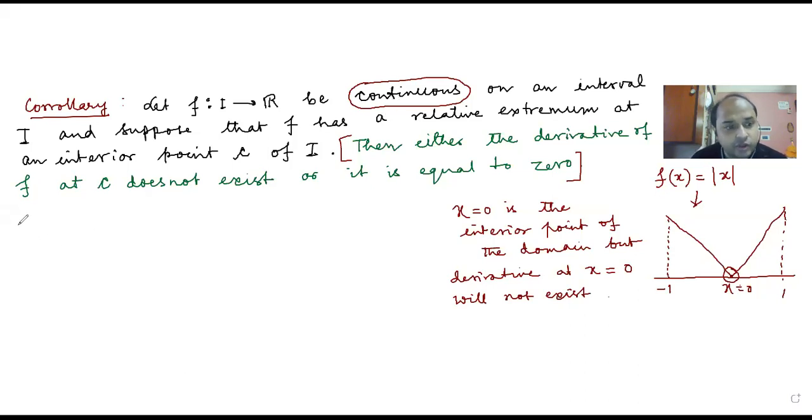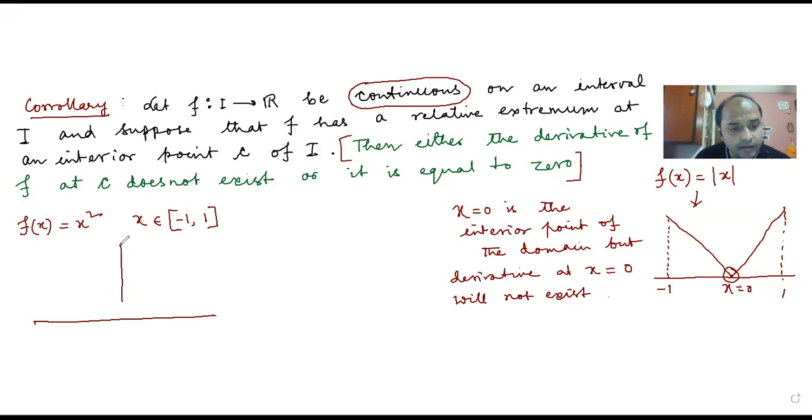And if I draw another function, say f(x) equal to x square, with x taken from -1 to +1, in this case you will see that the curve will be like this. If x equal to 0 is this point, then you already know that the curve will be like this. Let me put the domain over here: -1 is this and +1 is that.